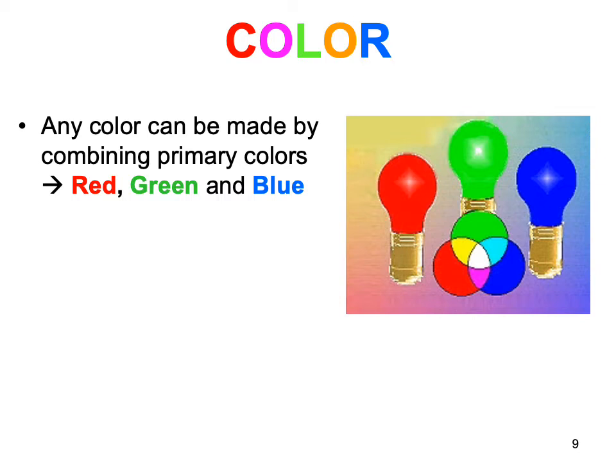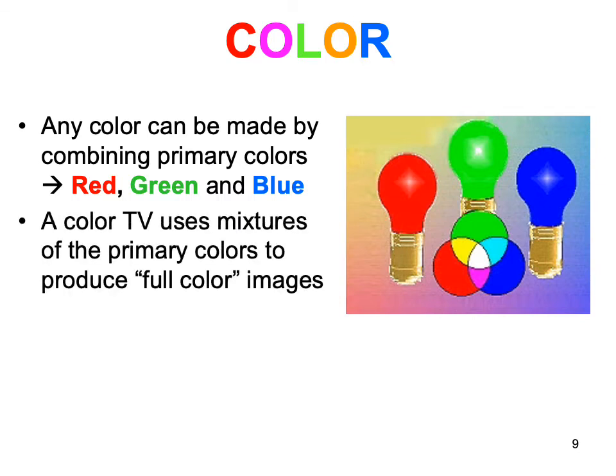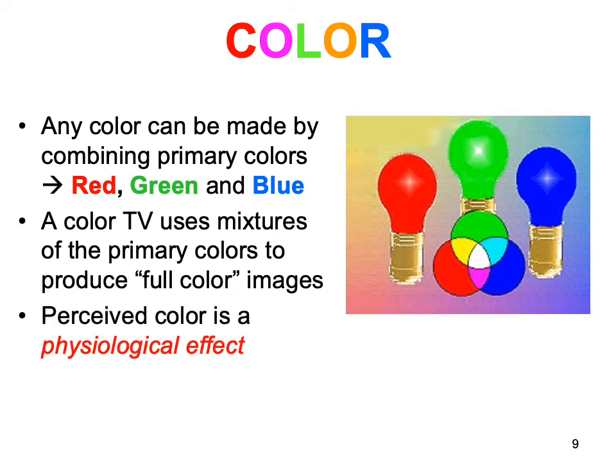White light doesn't exist, actually. White color is a mixture of all these three elementary colors. Right. So by adjusting the ratio of these three elementary colors, you can produce full color images.